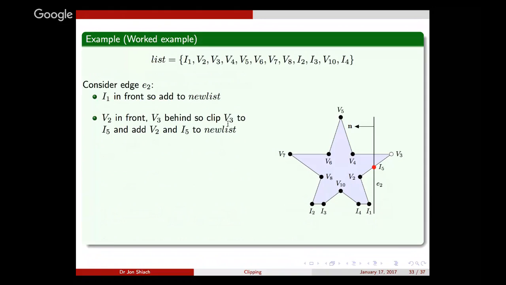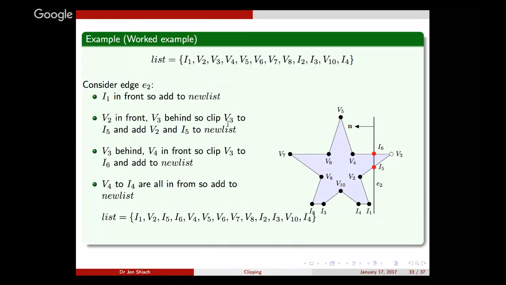Notice the number under the I is increasing each time. V3 is behind, V4 is in front. So we need to clip V3 again to I6 and add it to the new list. And V4 going all the way around to I4 are in front. So that's my list after that step.